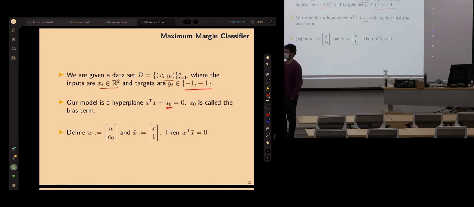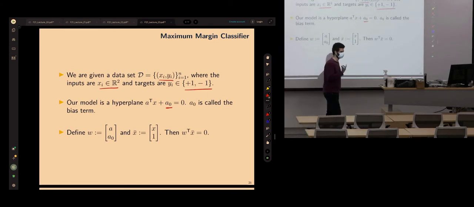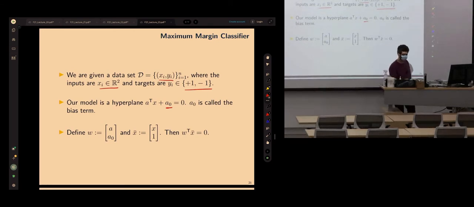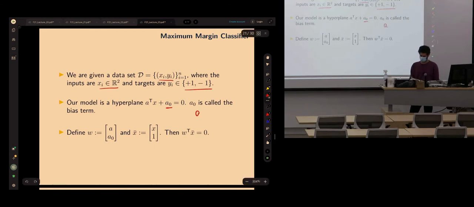What are we after? Now that we know a model structure, this hyperplane, there are infinite possibilities for this hyperplane, right? A itself is in R2. The bias term is just a real number, right?